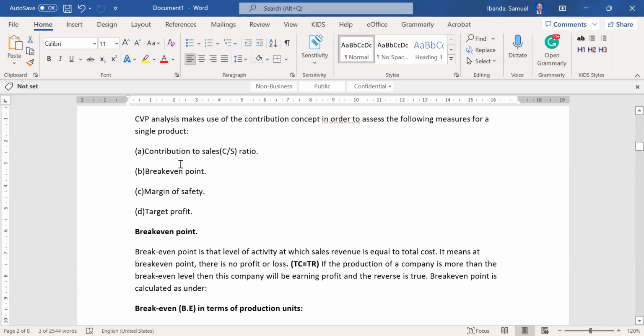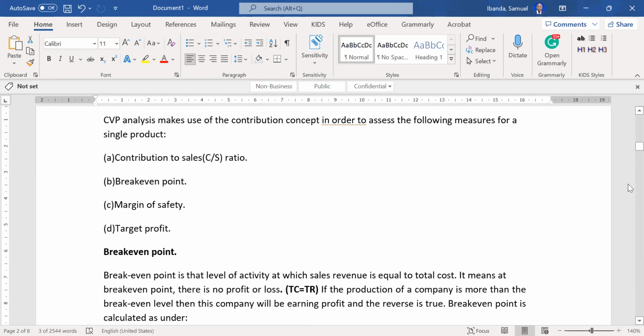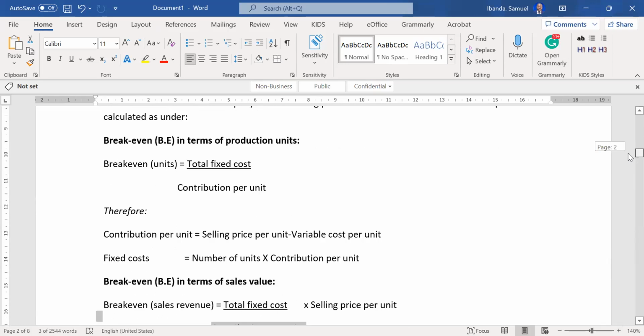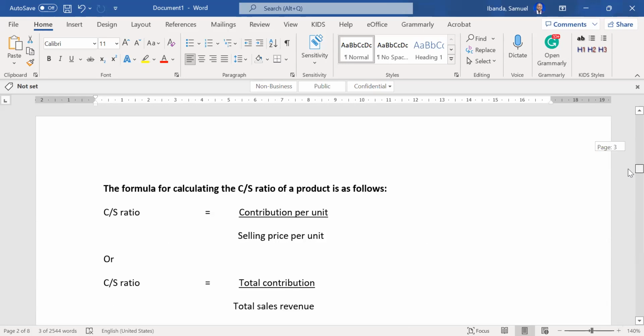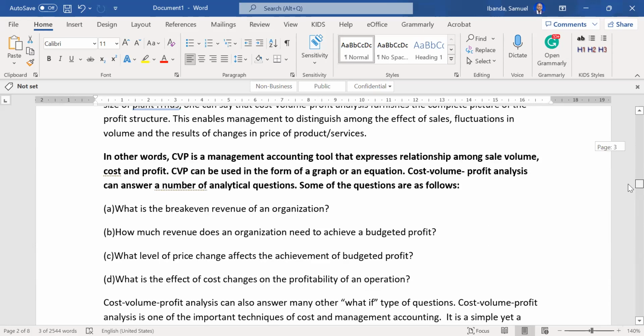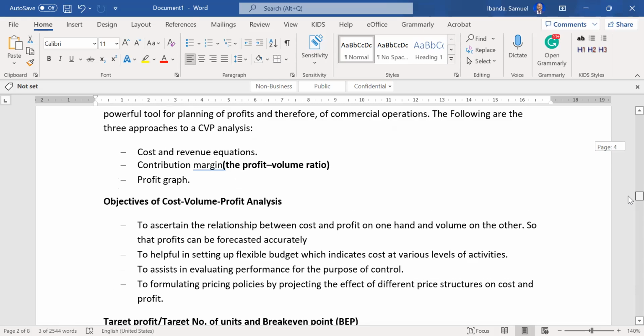At least we have been able to go through each of these: the contribution to sales ratio, the target profit, margin of safety. So these notes will help you with your reading, with the details of how each of them plays. I've tried to put down some explanations that can help you. We also have what we call objectives of the CVP analysis.